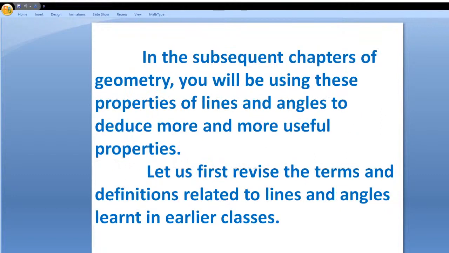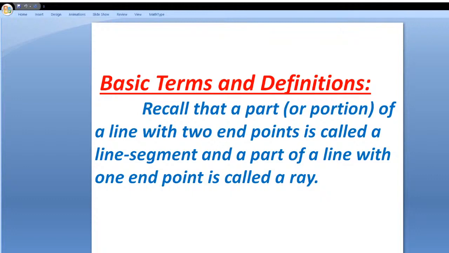So, in the subsequent chapters of geometry, you will be using these properties of lines and angles to deduce more and more useful properties. Let us first revise the terms and definitions related to lines and angles learned in your earlier classes. So, let us first see the basic terms and definitions.